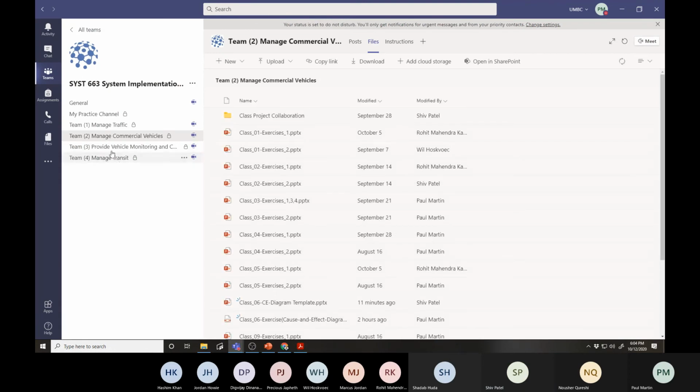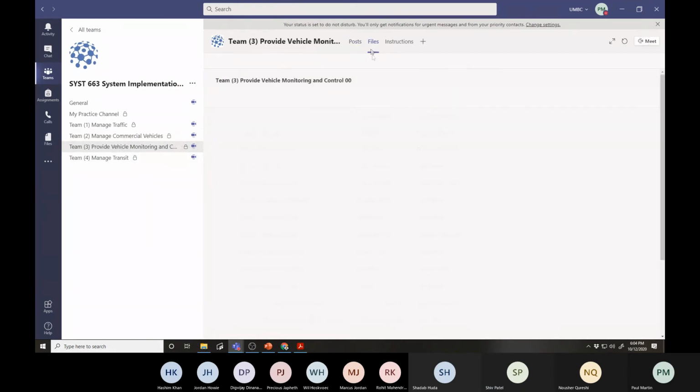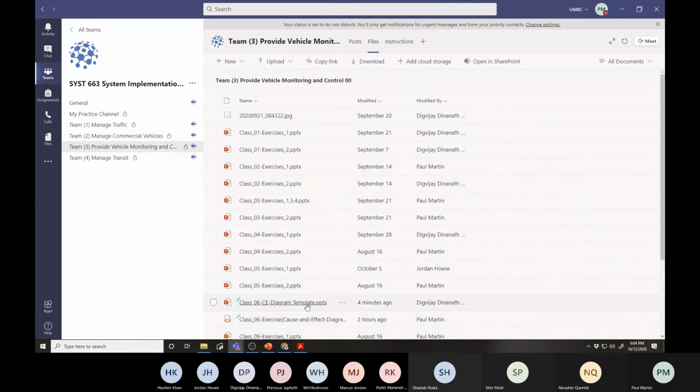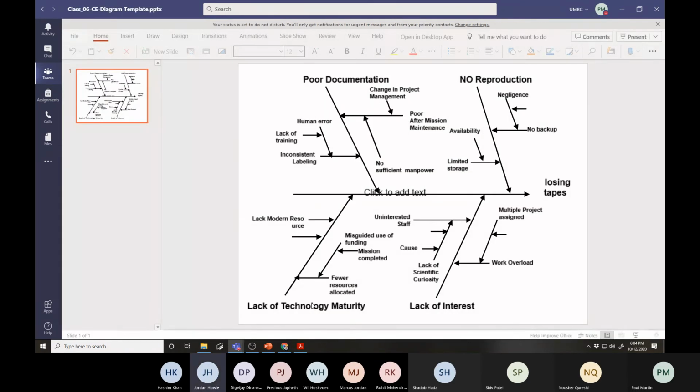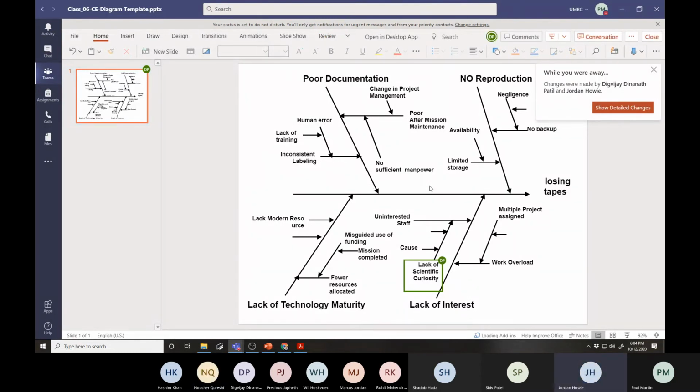Let's see if Team 3, maybe we were able to work this better. Who's speaking for Team 3? Anybody? Oh, much better. Okay. Jordan, is that you? Okay. Consistent with everybody else's idea, but we went with reproduction, poor documentation, lack of technology maturity, and lack of interest.